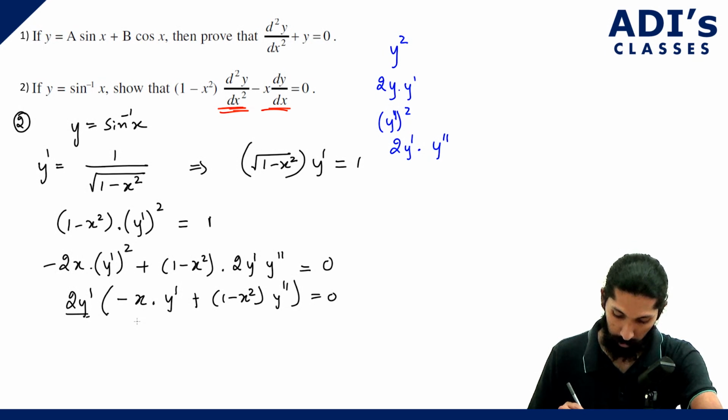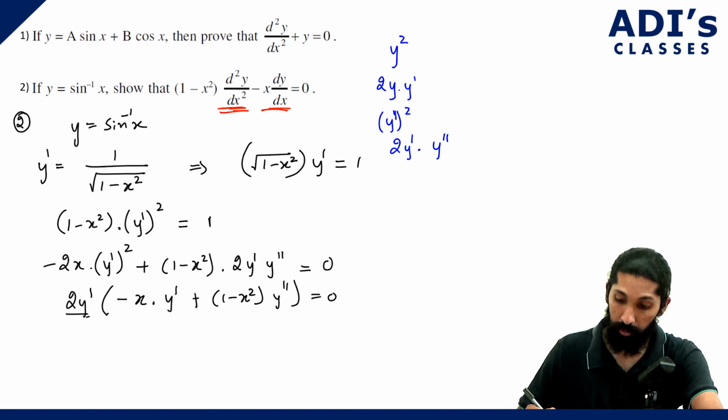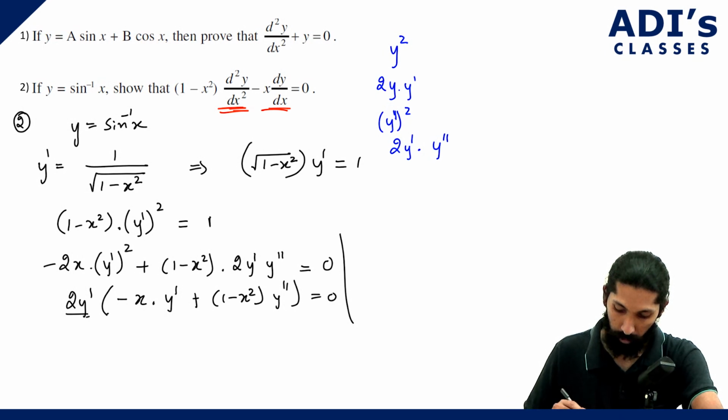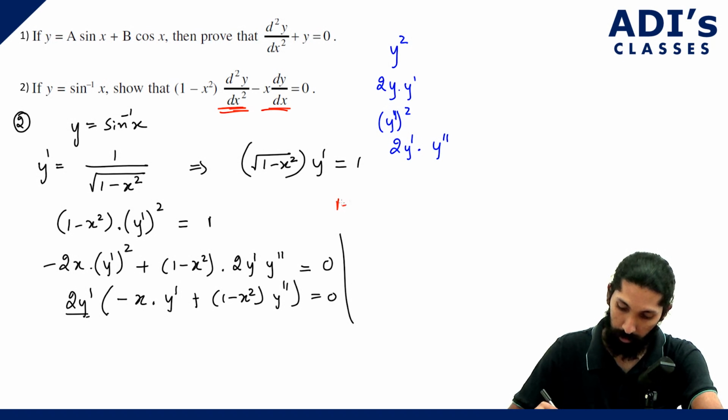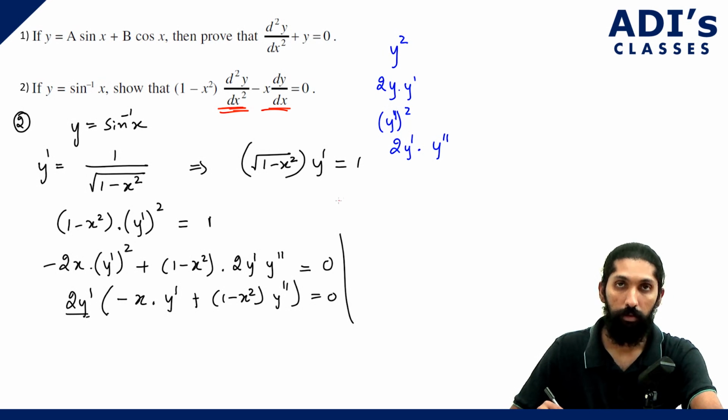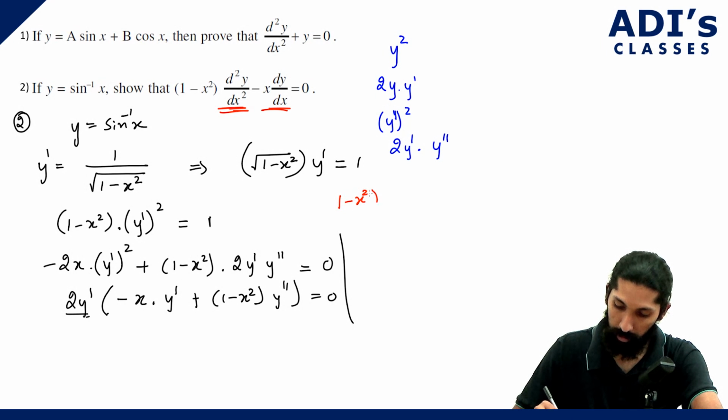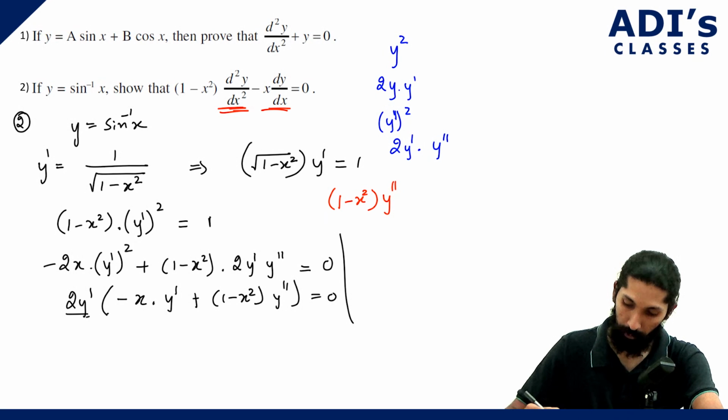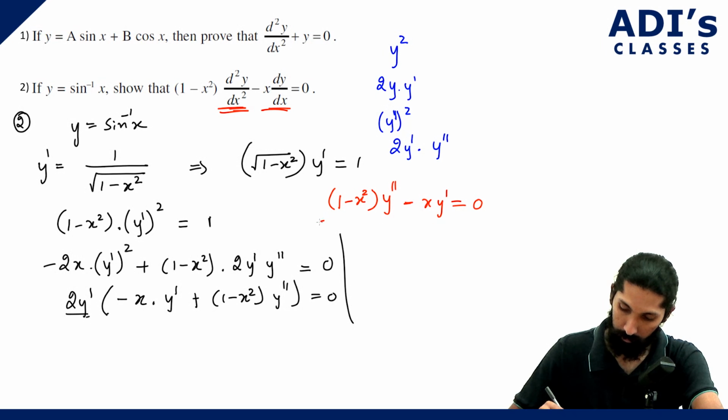Correct? So what do you have? The remaining part, we will write it here itself. So you have 1 minus x square into d square y by dx square, that's y double dash, minus x into y dash is equal to 0.